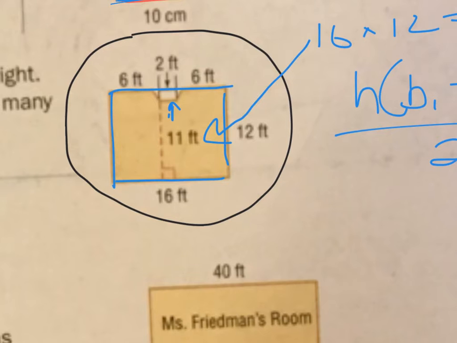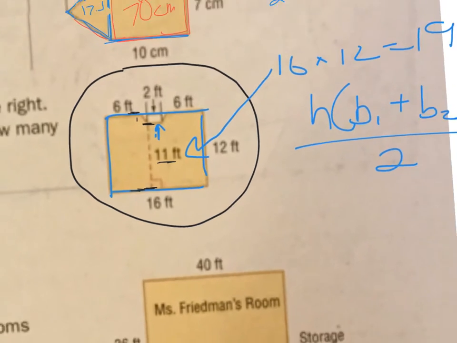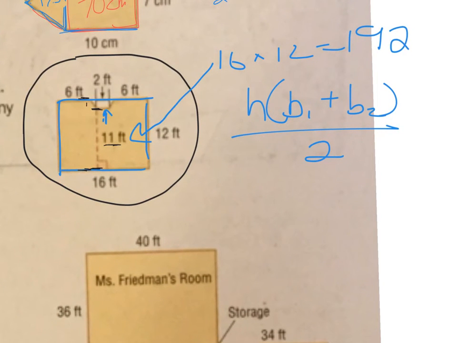From here to here is 11, and here to here is 12. So the height is 1.